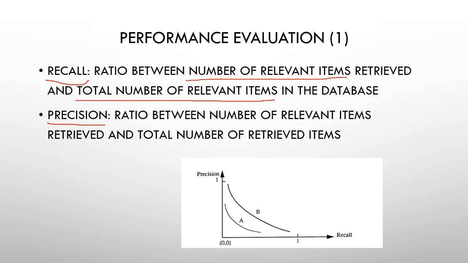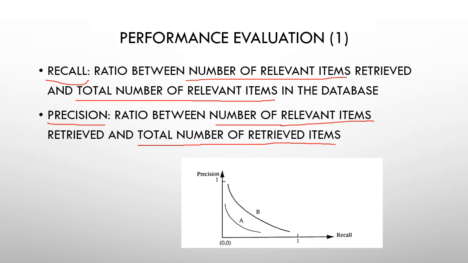And precision is the ratio between the number of relevant items retrieved, so the numerator is the same, but the denominator is the total number of retrieved items. We will discuss this.